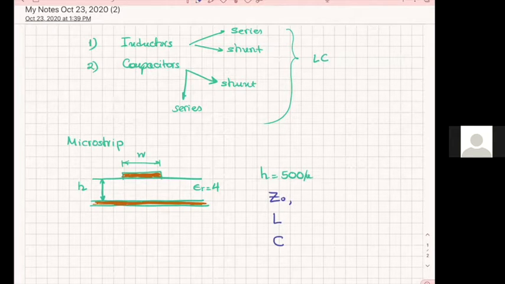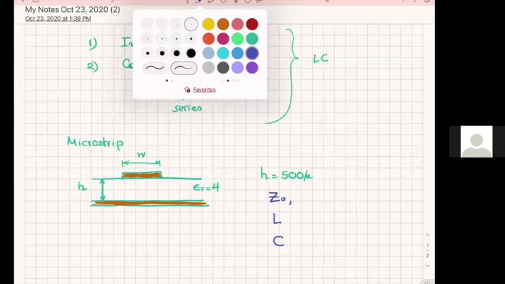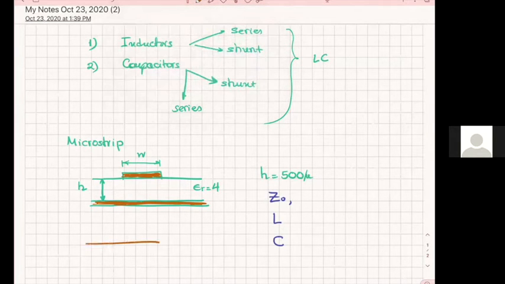And what is the unit of H? Micron. That's how we indicate microns.